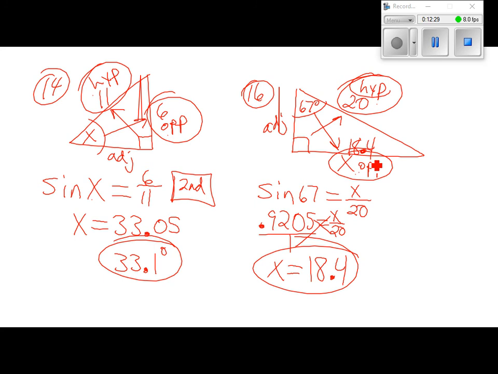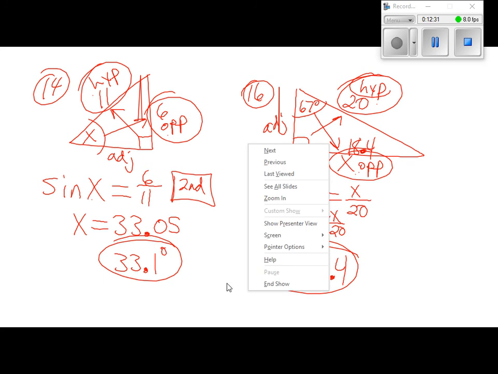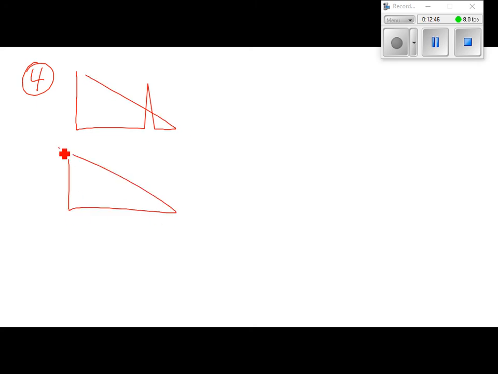The next one is number 4. Number 4, they give us a triangle that looks like this. Forget that triangle. They give us a triangle that looks like this. This side's 5, this side's 12. We're looking for this side.